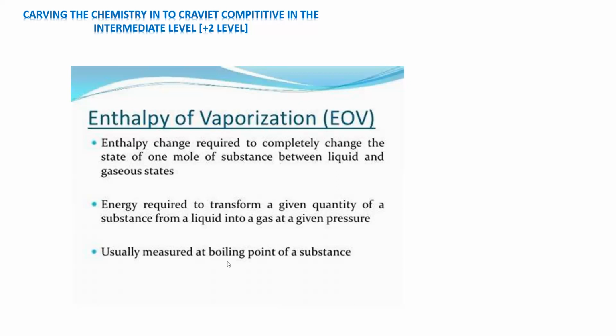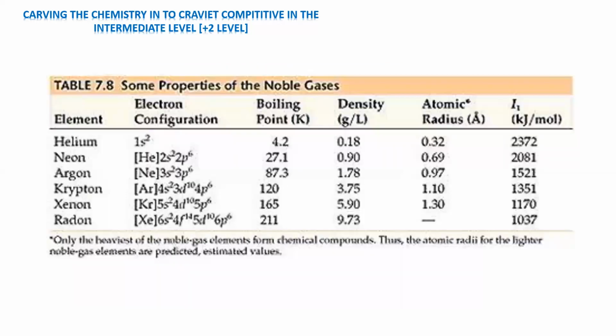Boiling point is liquid to vapor, and enthalpy of vaporization is also liquid to vapor, right? So we can say enthalpy of vaporization tracks the boiling point of that substance. Here helium's boiling point is 4.2 K, neon boils at 27 K, argon at 87 K, krypton 120 K, xenon 165 K, and radon at 211 K. These follow the enthalpy of vaporization values.